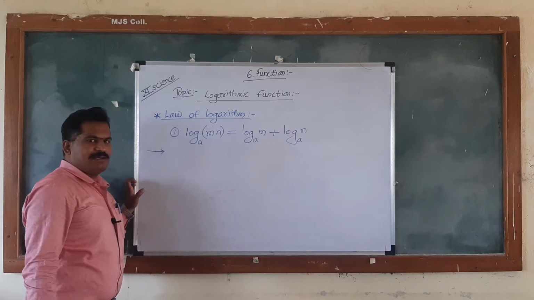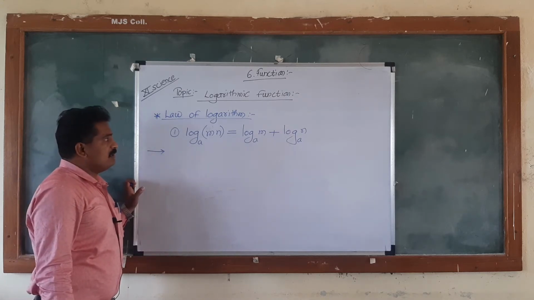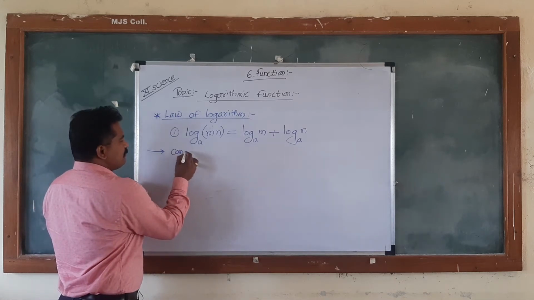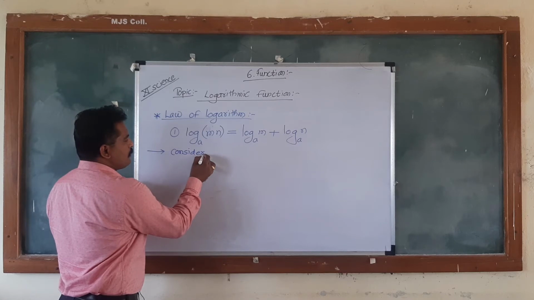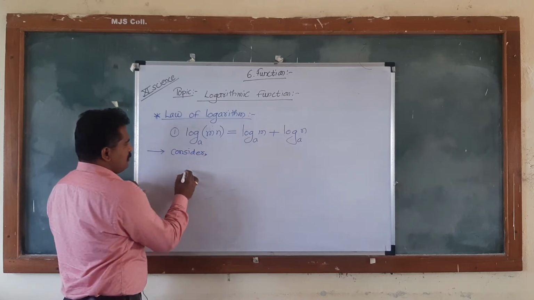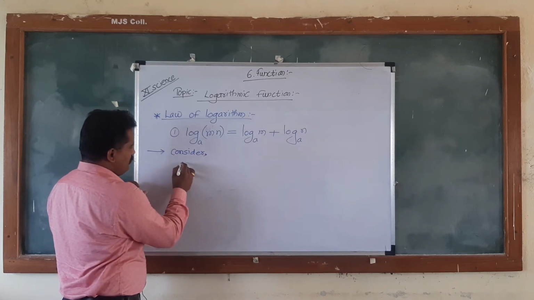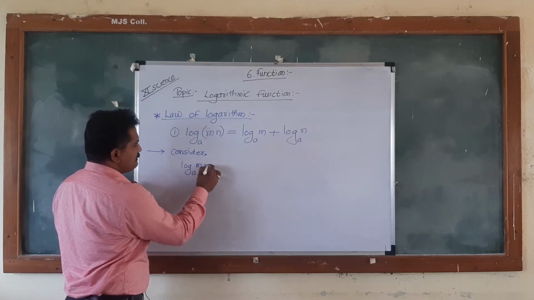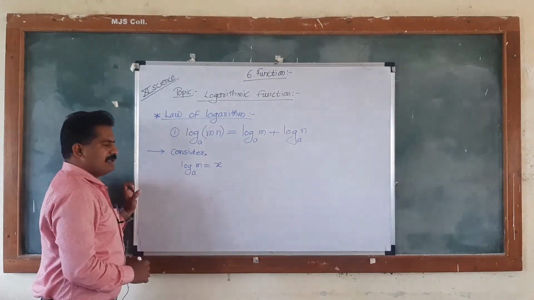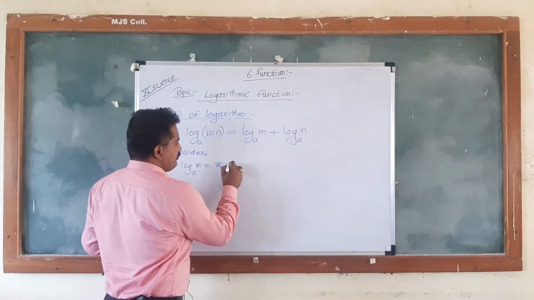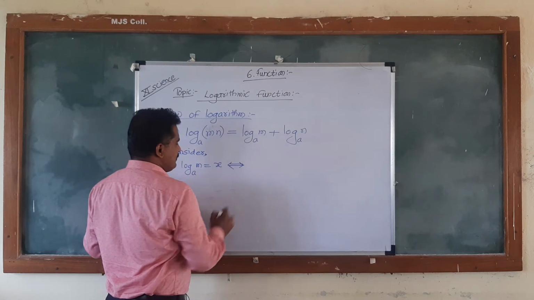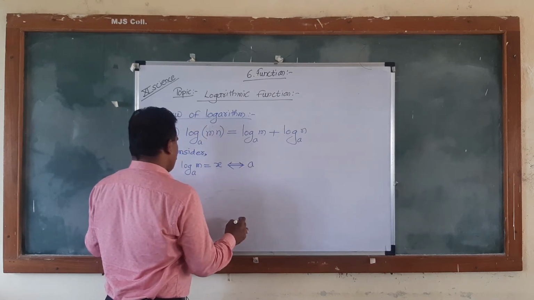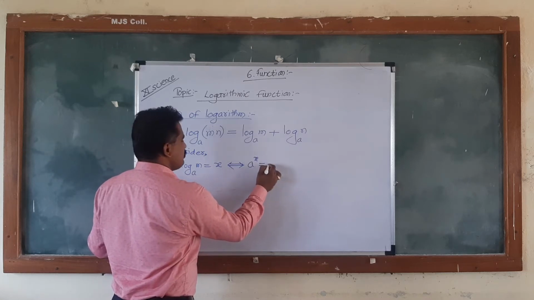We can verify this formula by considering log of m to the base a is equal to x, which can be expressed in the form of indices as a raised to x is equal to m.